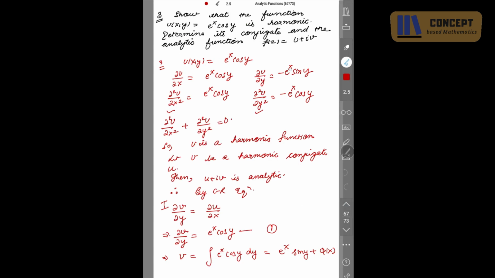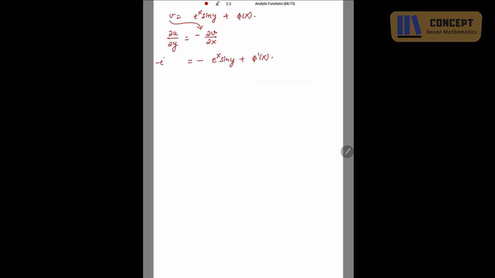This is minus e to the power x sine y. So both the terms cancelled. So phi dash x comes out to be 0, or phi of x is equal to constant. If we integrate phi dash x, then we will get this as constant, where c is a constant.